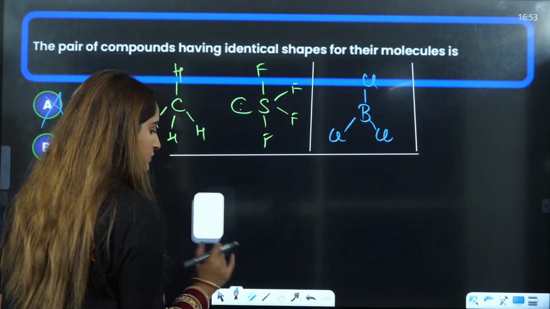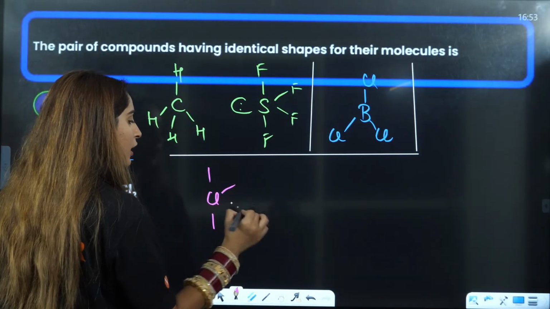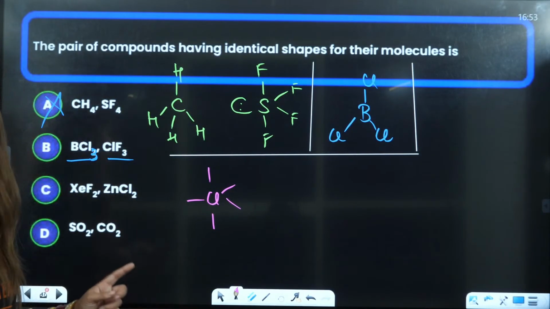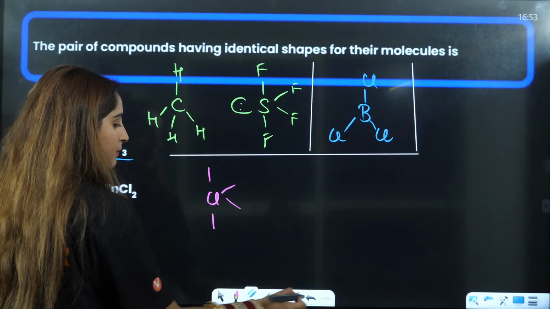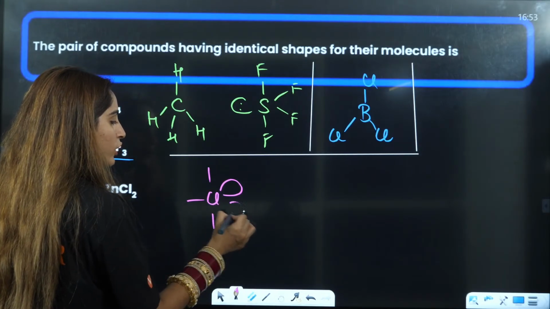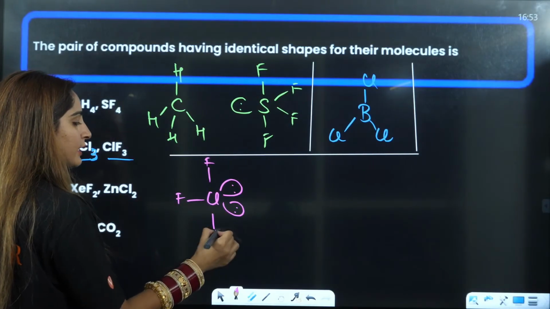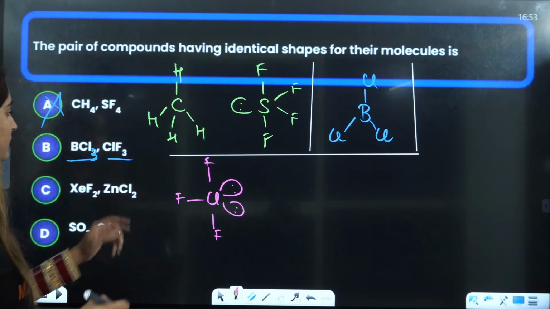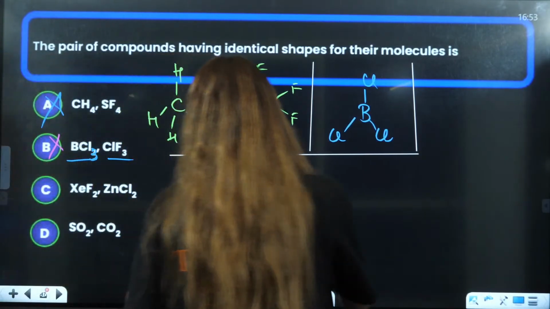We will draw it like this, Cl with 1, 2, 3, 4, 5. But here you have 2 lone pairs, and both lone pairs will be on the equatorial positions like this. So the geometry will be T-shaped. So BCl3 and ClF3 obviously do not have the same geometry here, right?